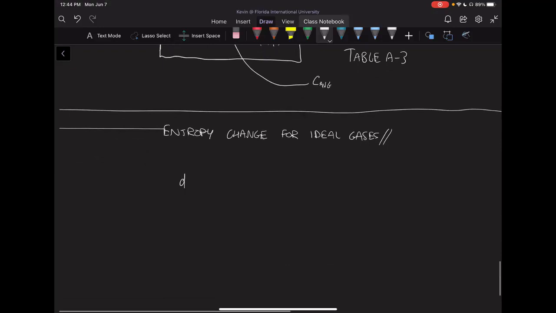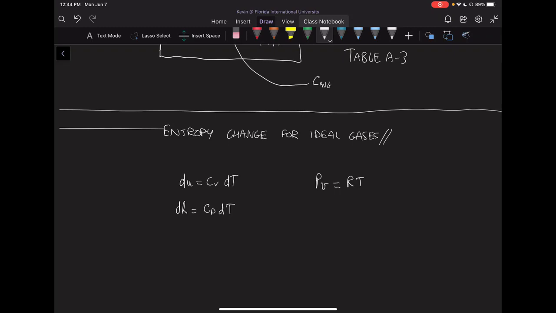So we have that du is equal to Cv dt, and dH is equal to Cp dt from our definitions of the change in U and the change in H. And we also know that in ideal gases, PV is equal to RT. Okay, these are our three equations that we know from scratch.